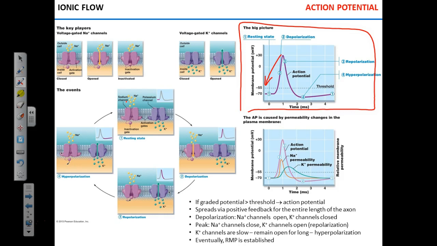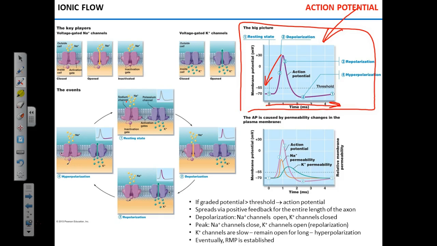So first of all, let's take a look at what's going on in terms of the ionic flow when the membrane potential is formed and propagated, and how it is reflected on the graph. Let's take a look at this graph in the upper right corner. On the x-axis, you can see the time, and you have to appreciate this.